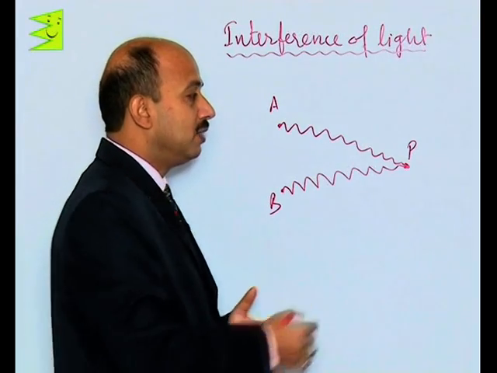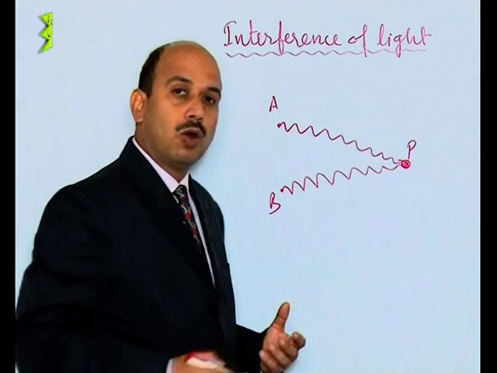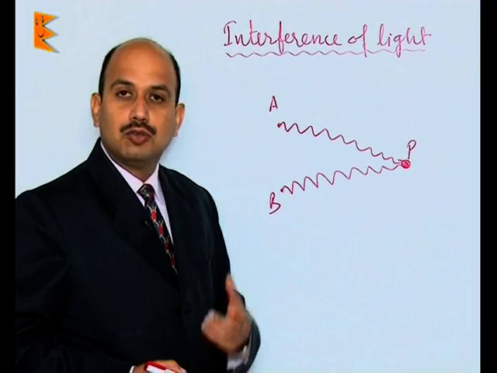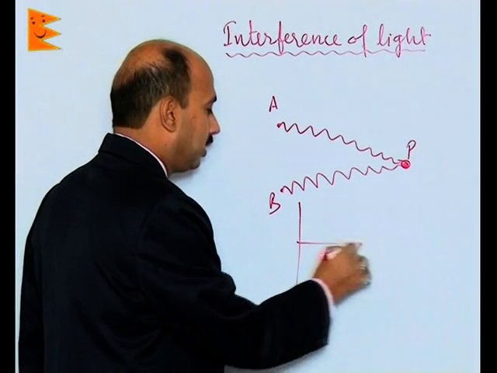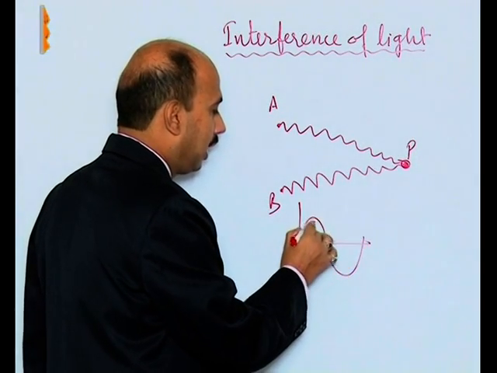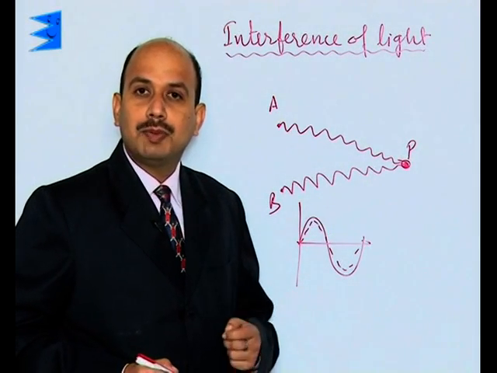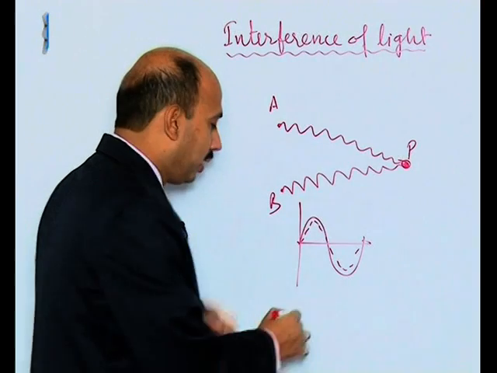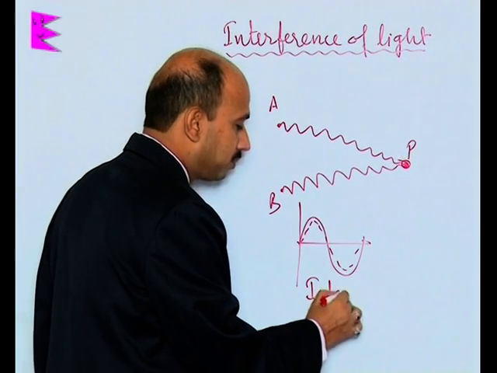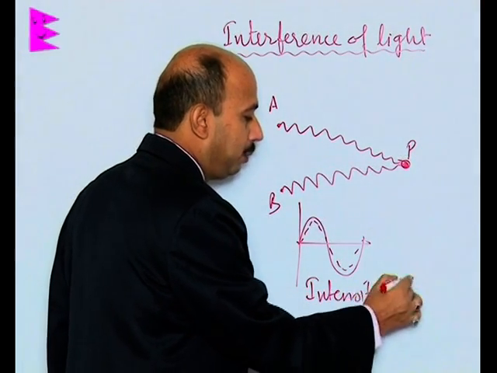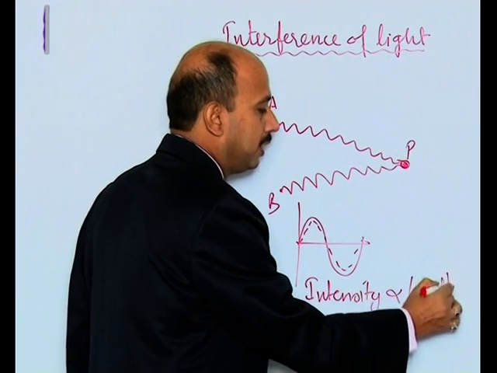Now if at a point the intensity is maximum, we call it constructive interference. Whenever two waves meet like this, superimposing crest to crest and trough to trough, then at that point the displacement is maximum, and we know intensity is directly proportional to the square of the amplitude.